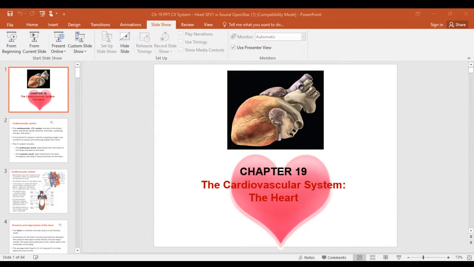Okay, just some listing of factors that can affect the heart rate and the amount of blood pumped out of the heart. And again, the heart rate is affected by the nervous system.